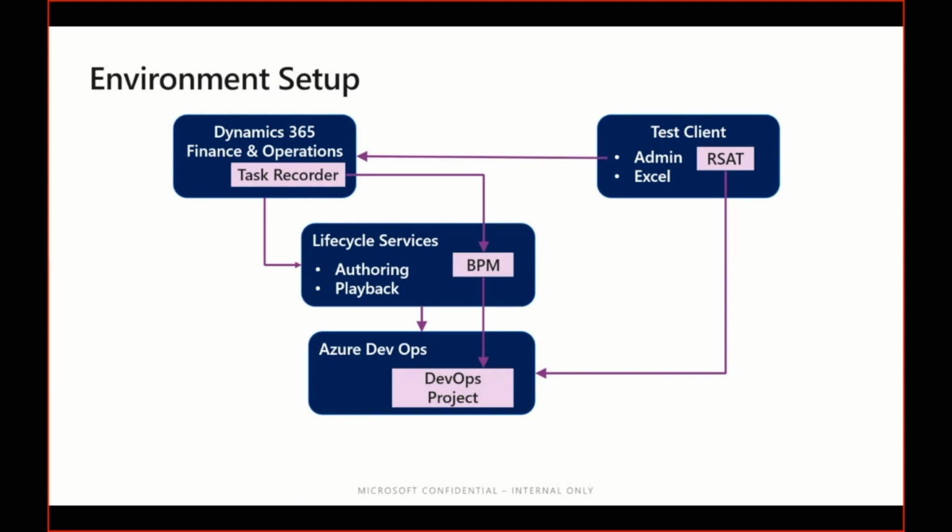BPM will then generate test cases in our Azure DevOps project. And as last step, we have been setting up the Regression Suite Automation Tool software on our test client.